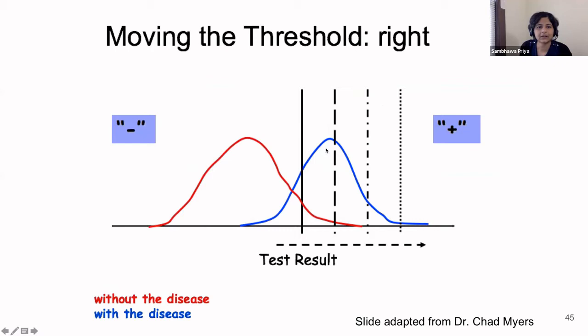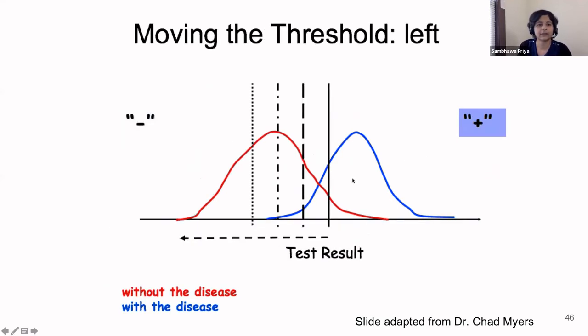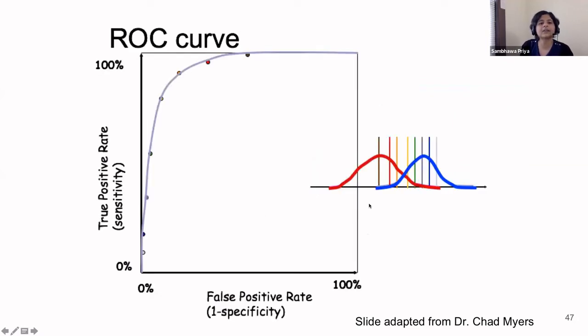So basically, as you move this threshold towards the positive or the negative side, you can get these different values. You can get a different confusion matrix corresponding to each threshold, and you can see the changing values of the true positive and false positive rates. So basically an ROC curve is just doing this, right? It's moving the threshold to different points.